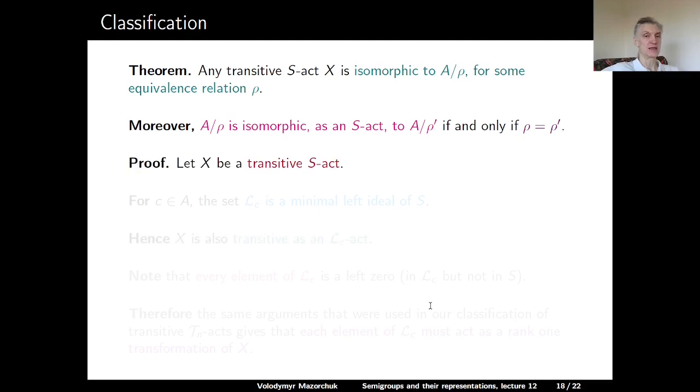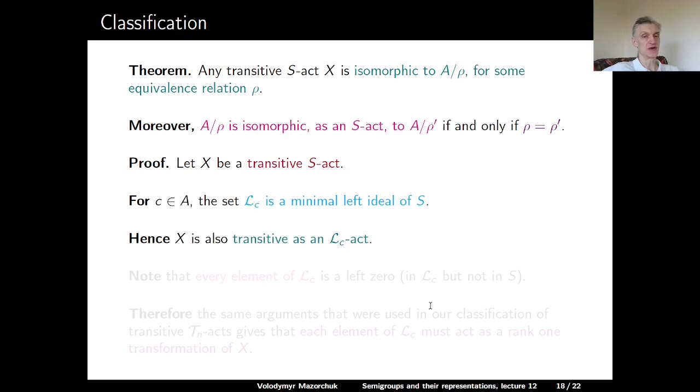Proof: let X be a transitive S act. For an element C in A, the set LC is a minimal left ideal of S. Hence X is also transitive as an act over this minimal left ideal LC. Note that every element in LC is a left zero in LC.